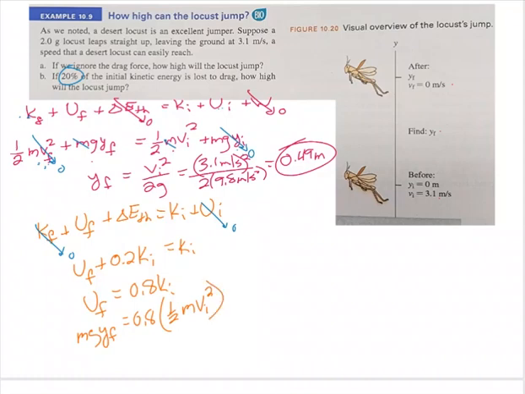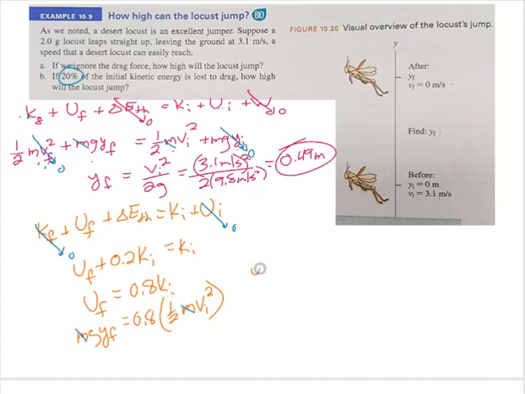And now it's just a matter of solving for y final again. So the mass goes away again, and I'm going to divide both sides by g. I have the 0.8 times 1/2, but I can simplify it.